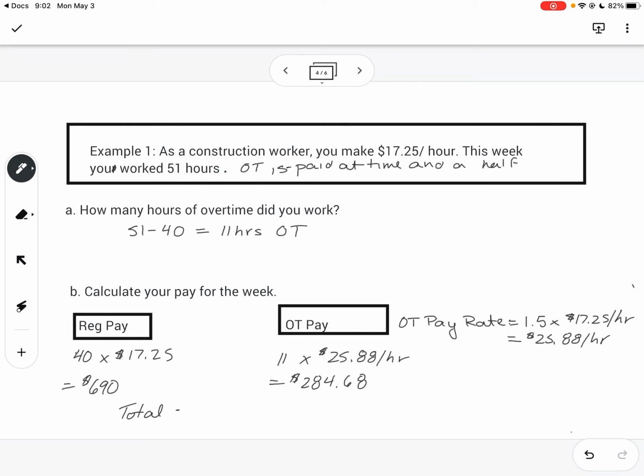Now I need my total pay for the week, so I'm going to add those two together, $690 and $284.68, which is going to give me a total of $974.68 that I earned as a construction worker this particular week.